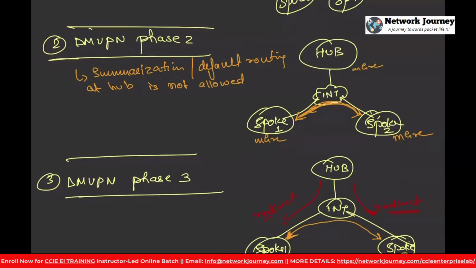This message overrides your routing table, so the next hop is changed from the hub to the direct spoke. Due to this, you can now do summarization as well as default routing here.